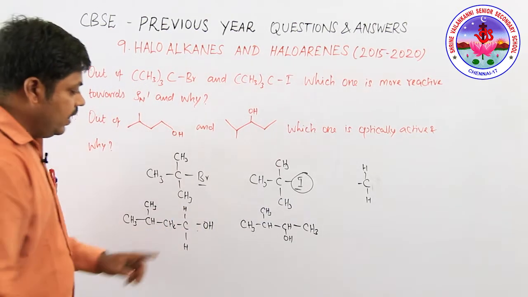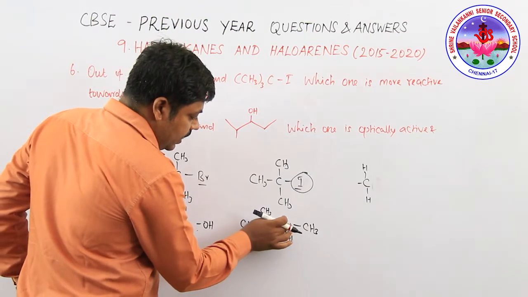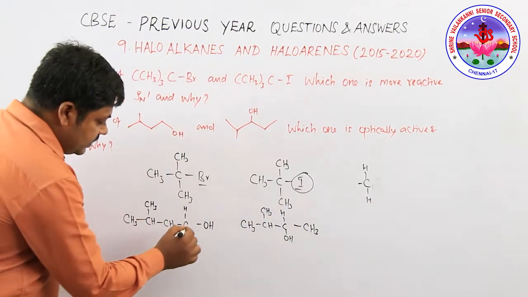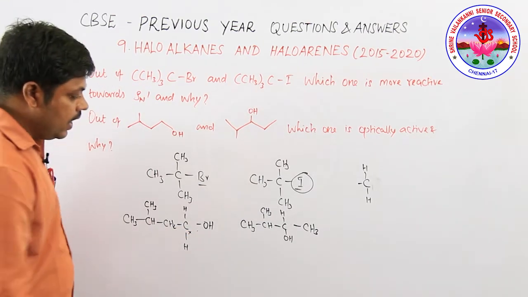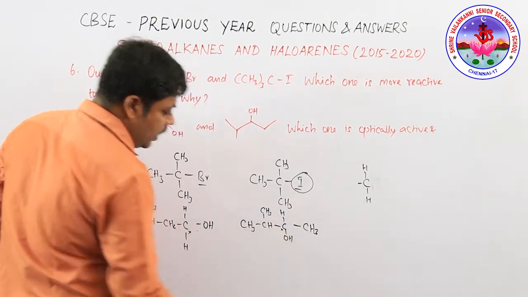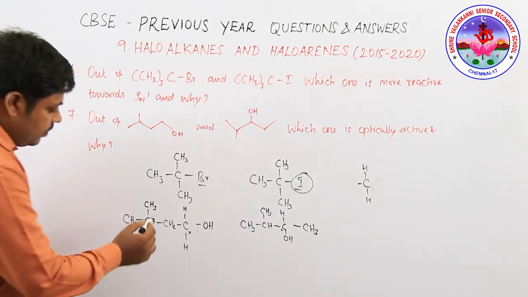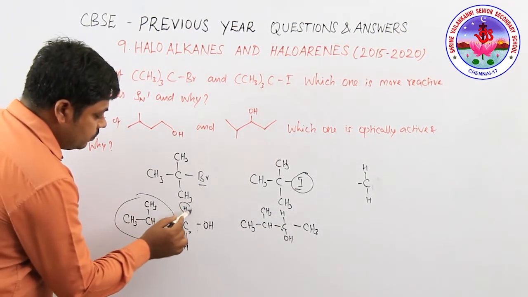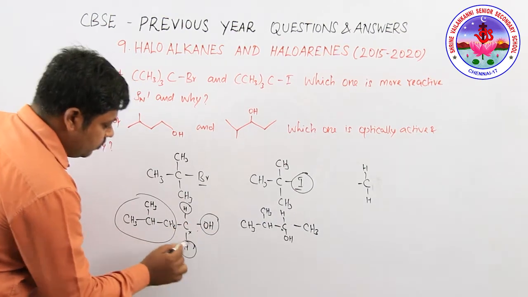And this structure I am going to write like this. Now take this carbon, and here also take this carbon. Look at this one group, this one group, and this one group.